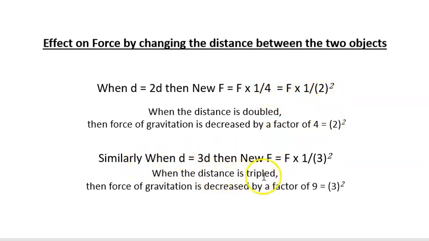Similarly, when the distance is tripled, the force of gravitation is decreased by a factor of 9, equal to 3 squared. This made Newton assume inverse square dependence on distance in his law of gravitation.